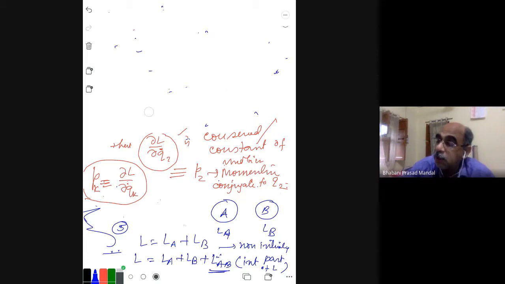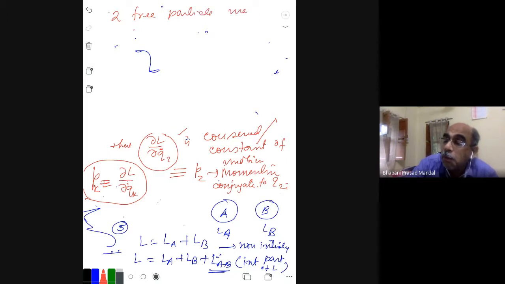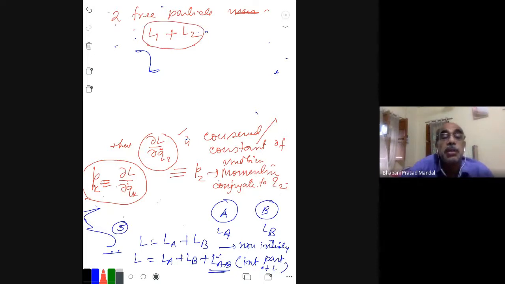If they are two free particles, the Lagrangian will be L1 plus L2: the first particle's Lagrangian L1, the second particle's Lagrangian L2. So the Lagrangian of two free particles is just the sum of the individual Lagrangians.